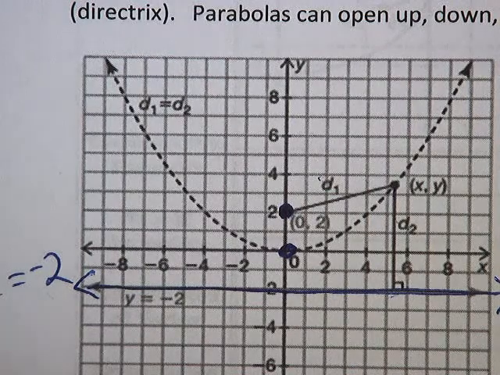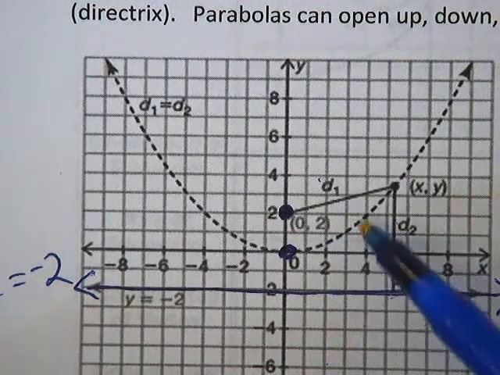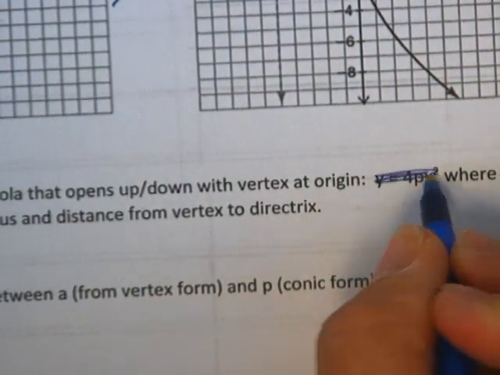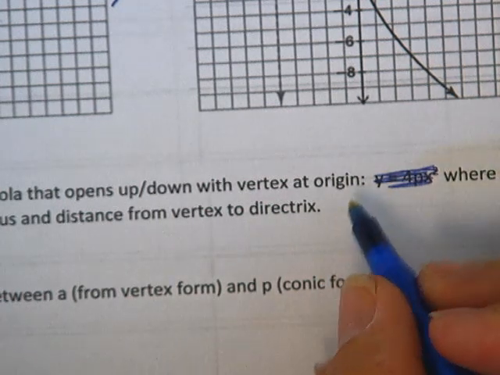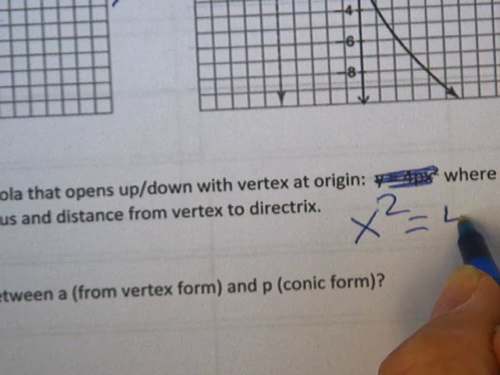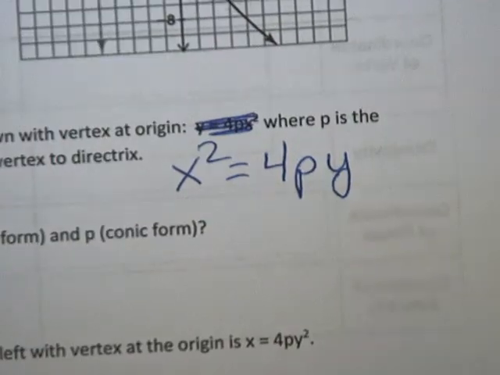Okay, we have some generic equations for these. And if our parabola opens up and down, which is what we've been used to so far, our equation can be written as follows. So cross off what was in your notes. But the generic equation is x squared equals 4 times p times y.